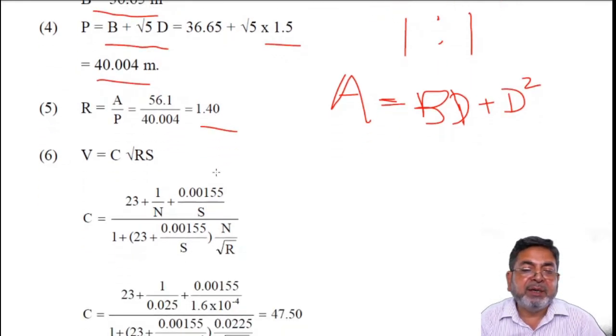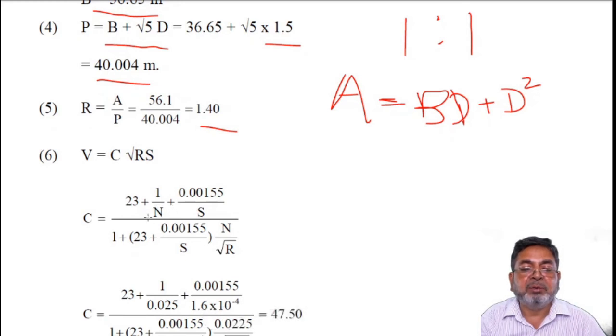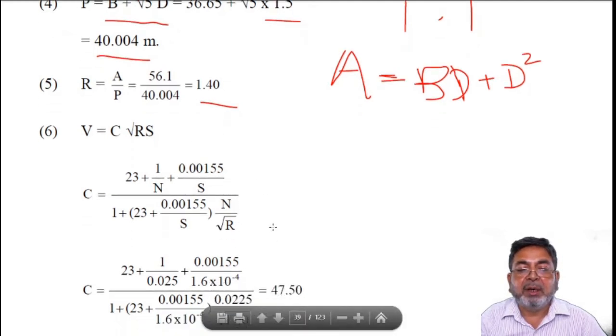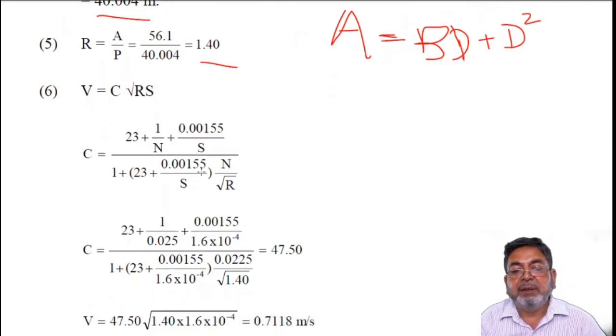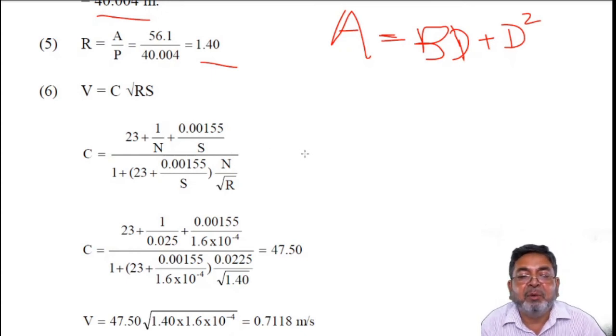Now you are ready to calculate this value of C, because N is given to you, and S is also given to you, N is given to you here, R you have just calculated, 1.4. Now here only one thing remains, that is to convert the units of S. So it was 16 centimeter per kilometer. So if you convert the centimeter into kilometer, you will get this value here.